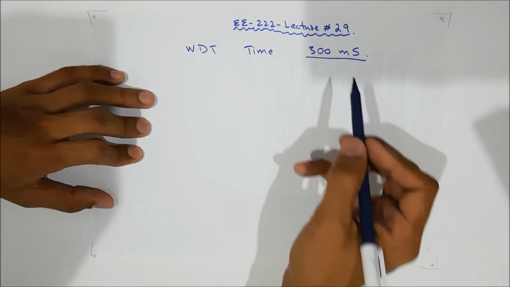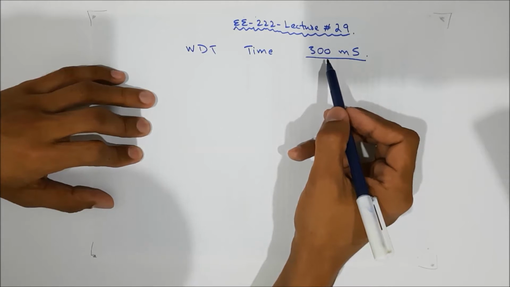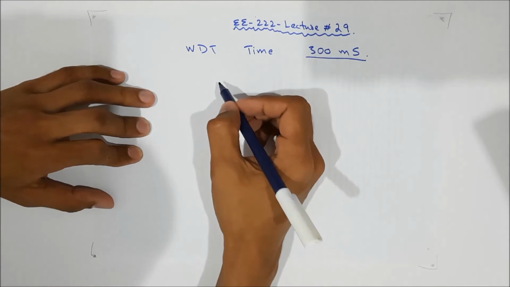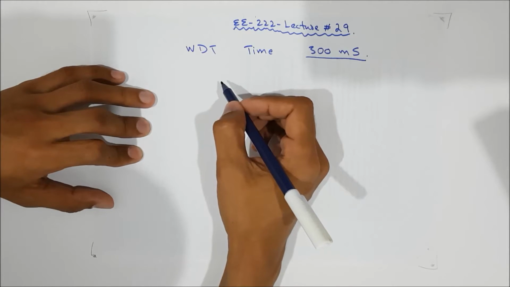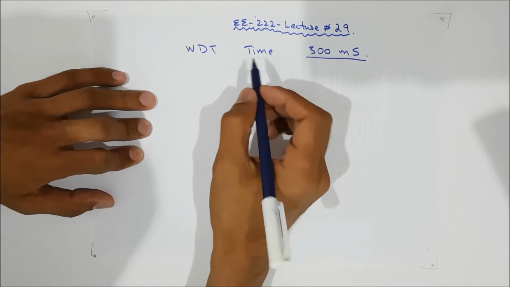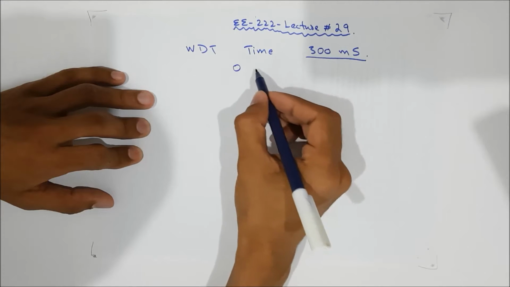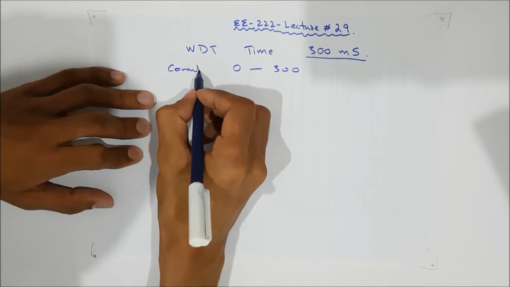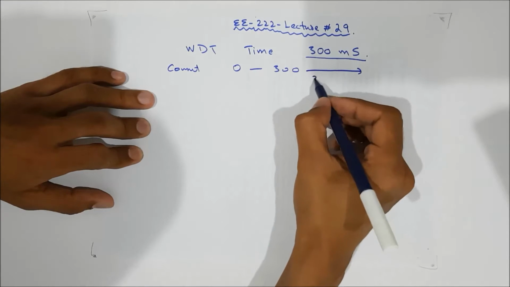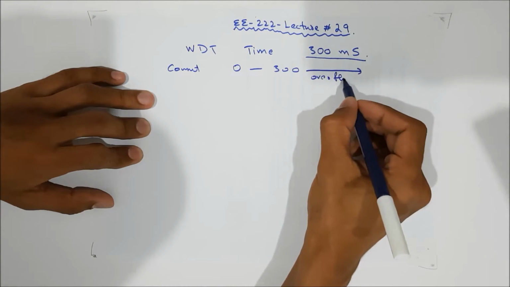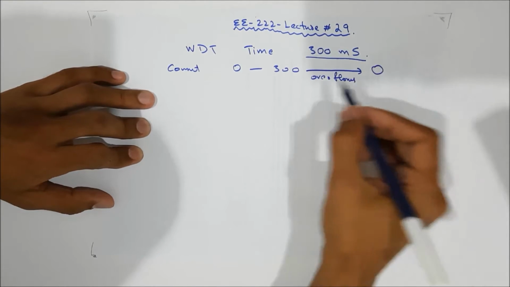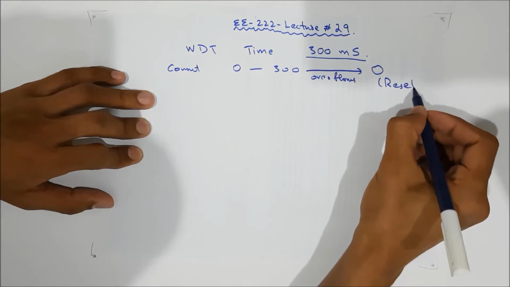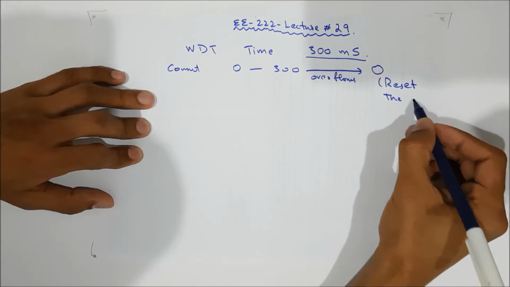But once these 300 milliseconds are completed and the watchdog timer overflows, it will automatically reset your microcontroller. So it will count from 0 to 300, and once it overflows from 300 to 0, it will reset the device.